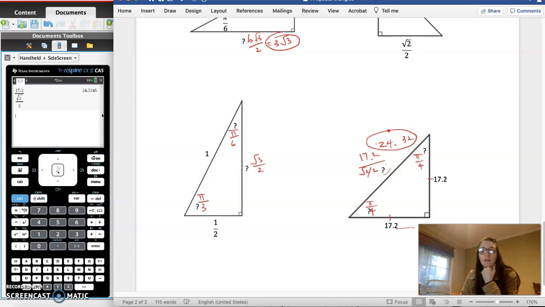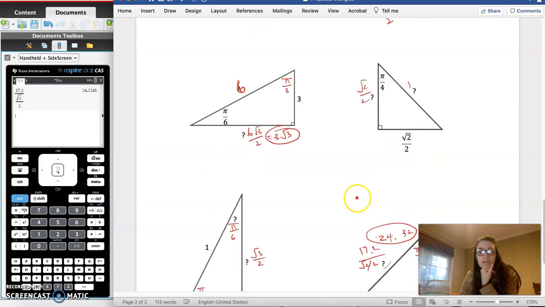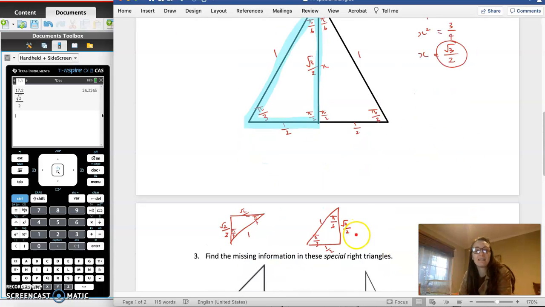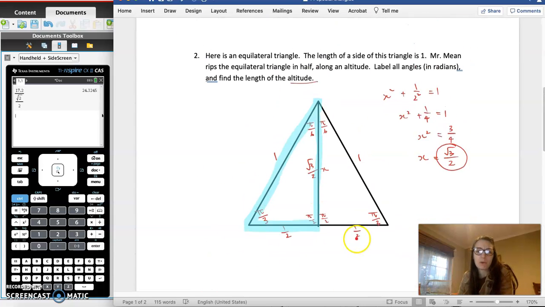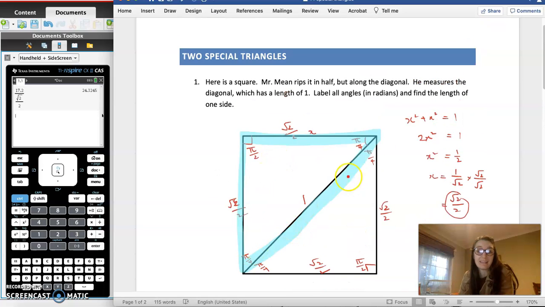Okay, that is the end of our two special triangles sheet, hopefully that has made sense. The most important thing are these special triangles, and the reason they're important is because if you remember your SOHCAHTOA, sine of pi on 4 is opposite over hypotenuse, so root 2 on 2 divided by 1, which is just root 2 on 2.